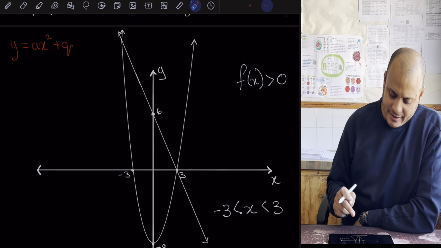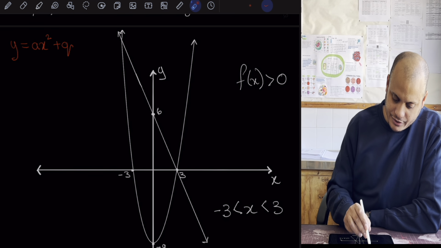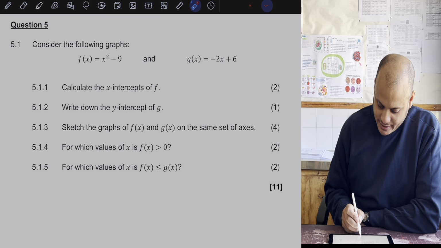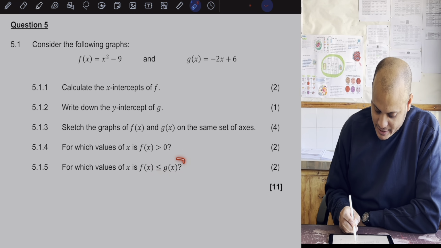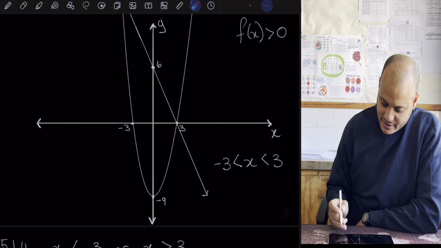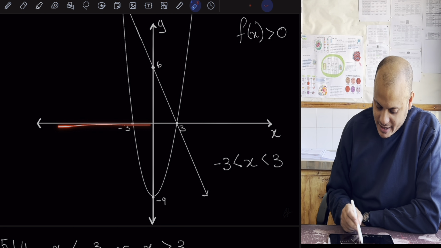So now applying that same thinking to the two graphs, comparing the two graphs. In other words, for which values of x, once again, is my parabola lying below my straight line? Because less than means below. Remember, less than 0 means below the x-axis.